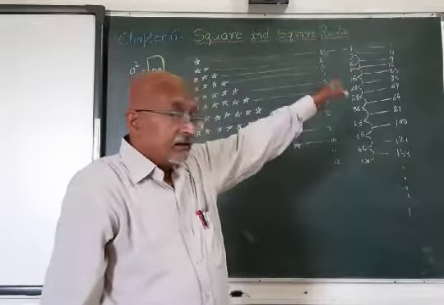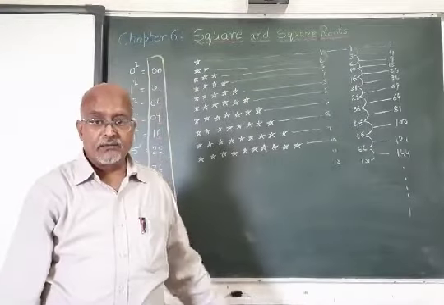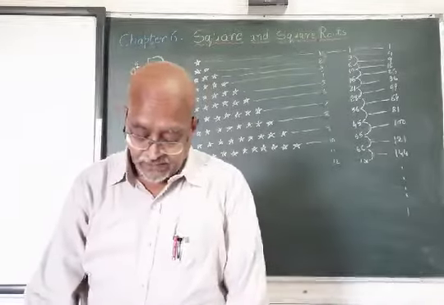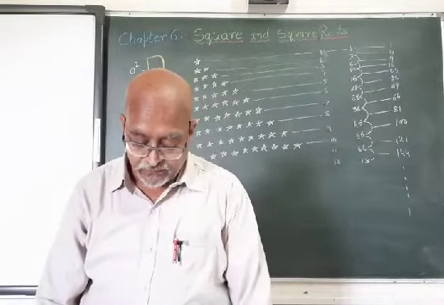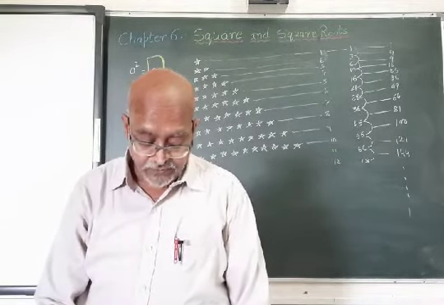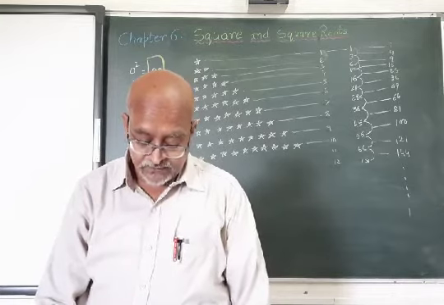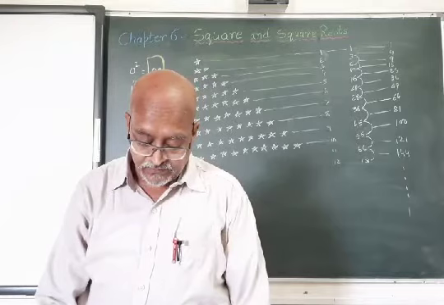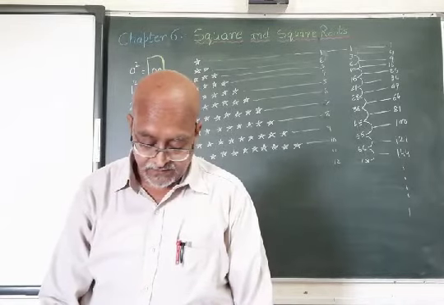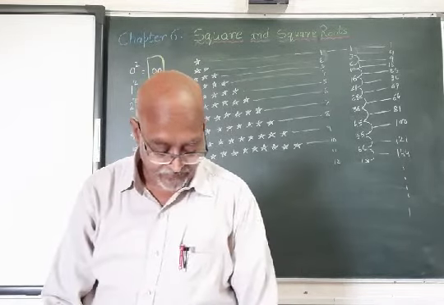I showed there the example sometime before. So that is the way. And there are some interesting patterns also given in the textbook, so you have to refer those patterns, and by referring those patterns you will study different things.